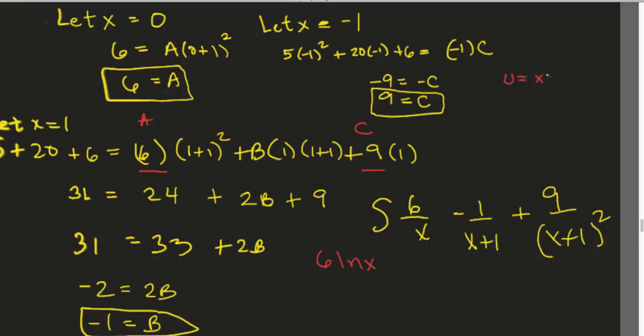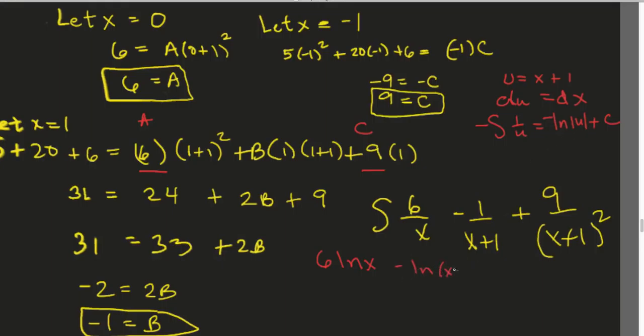Yes, and technically what you should do is show your work for an exam. It would be the integral of -1 over u, which is negative ln of u, and then you plug back in to get negative ln of x plus 1.